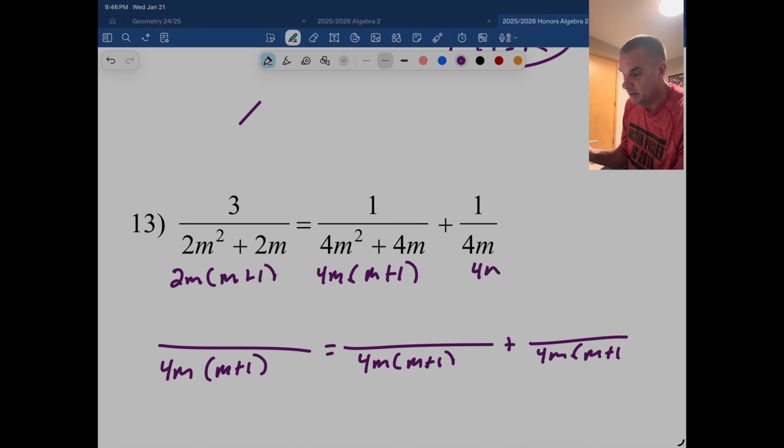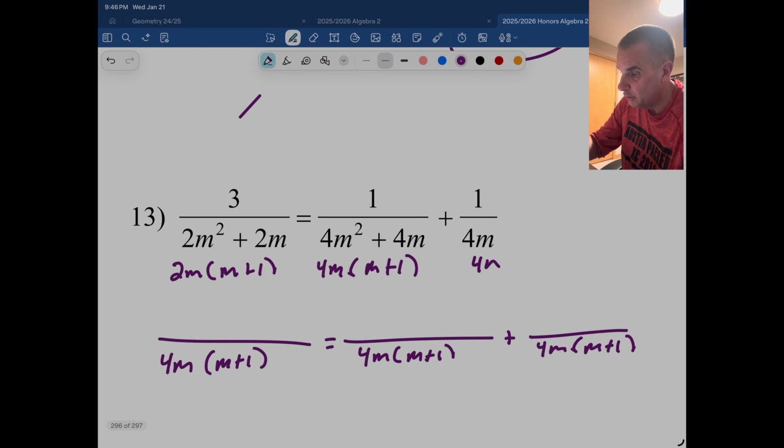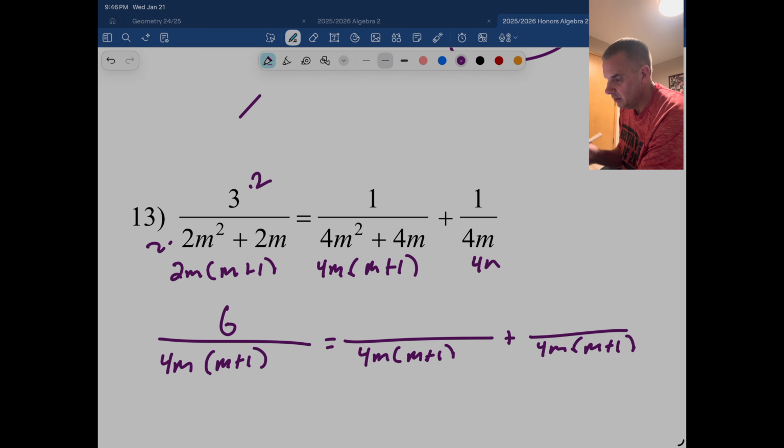There's our common denominator. Look at the first one. I have to multiply by 2. 2 times gives us what we need. So that's 6. This one's fine. It's just 1. This one by m plus 1.